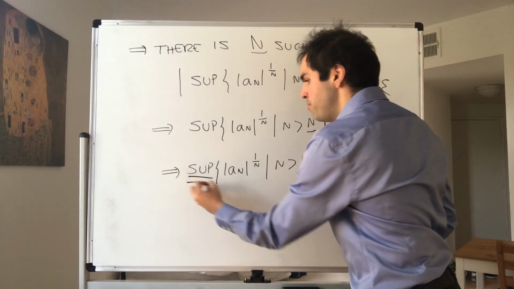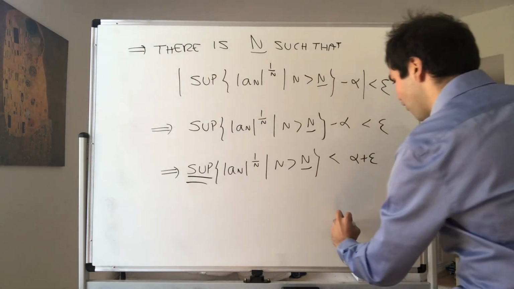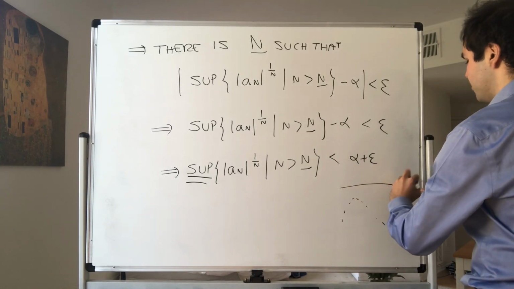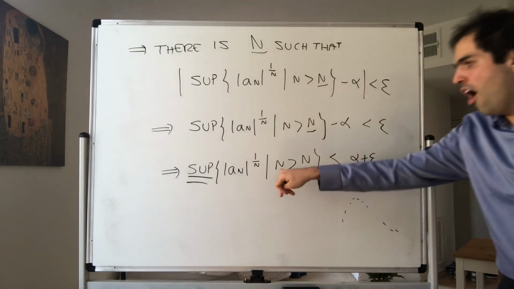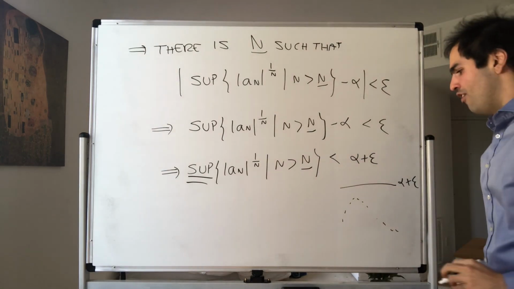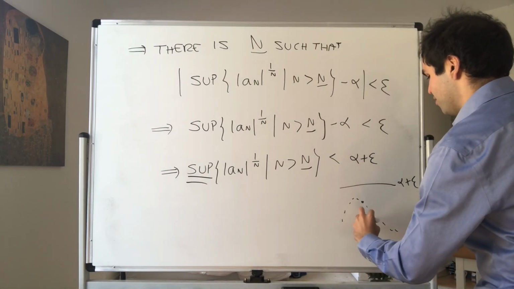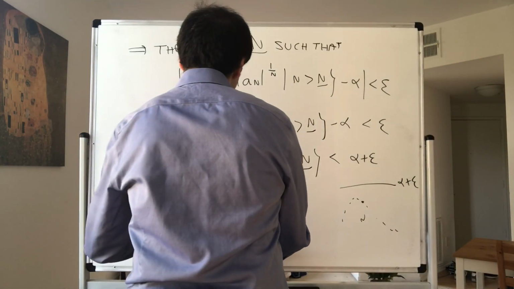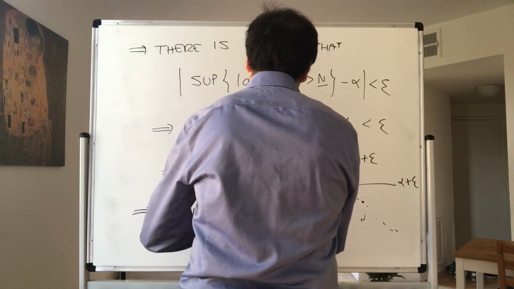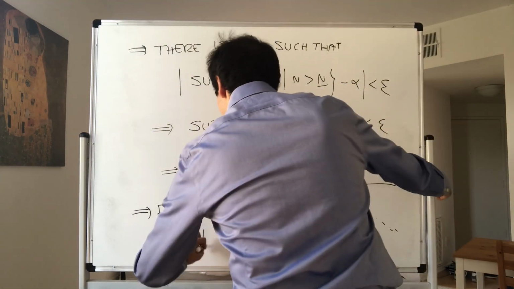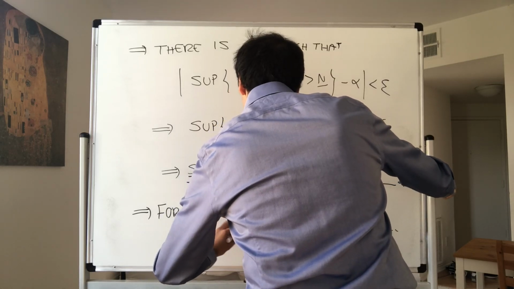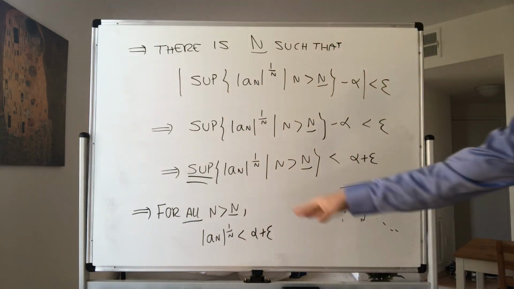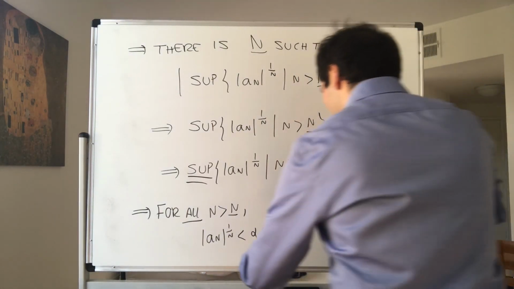If the biggest value is less than alpha plus epsilon, it means for all n bigger than capital N, we get that an to the 1 over n is less than alpha plus epsilon. But that's perfect. This will give us the geometric series that we want.